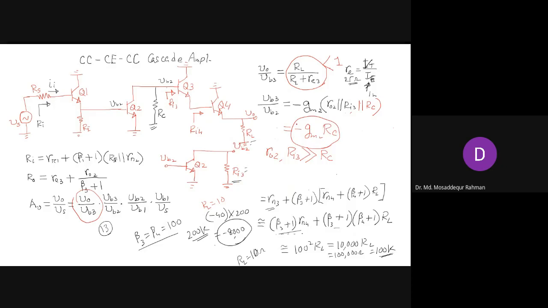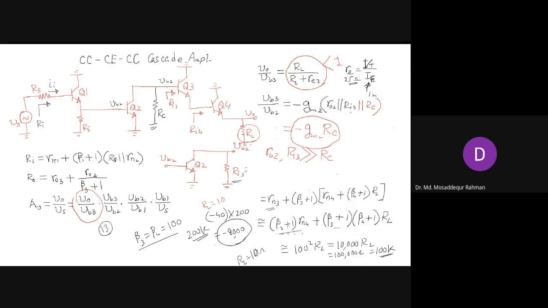So now the gain of this common emitter will not depend on Ri3, which actually depends on RL, the load resistance. So the common emitter gain will be independent of the load resistance. It will not be affected by the value of the load resistance.